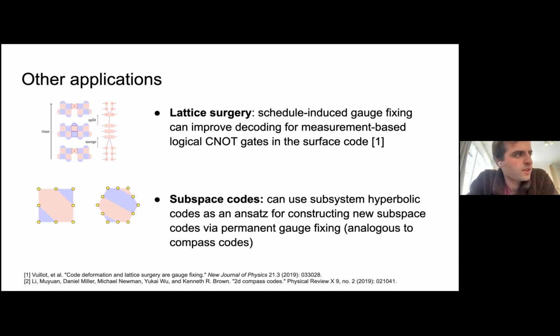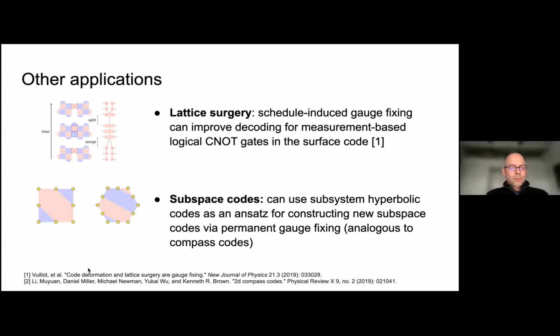And the reason that can be useful is, suppose you have some inhomogeneous noise model, you might want lower weight checks in some particular part of the lattice, or you might want to tailor to the noise by ensuring that the X checks have lower weight. So the 2D compass code explores that sort of problem for Bacon-Shor codes.